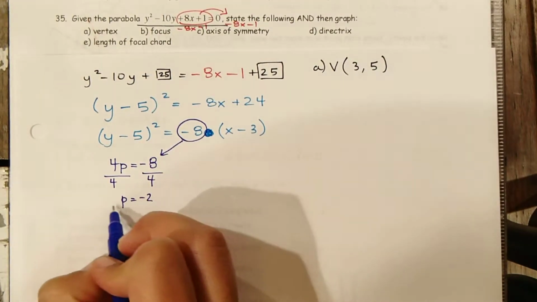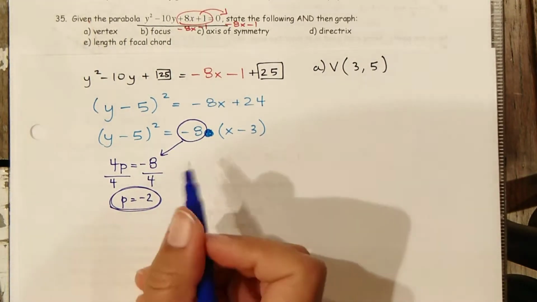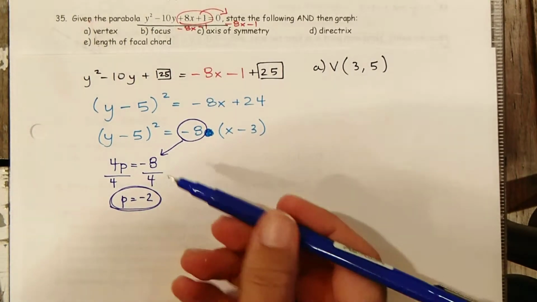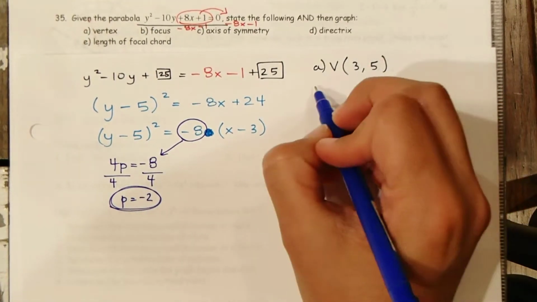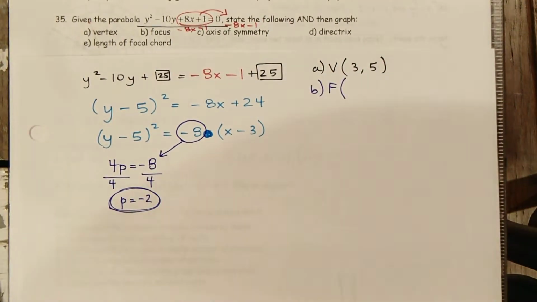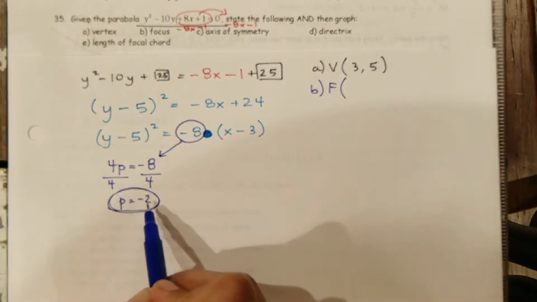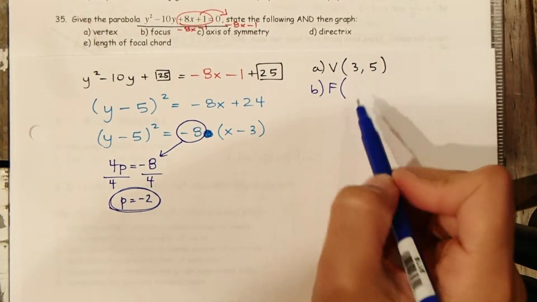So that tells us the focal length for a parabola. So that tells me that I'm going to be going left 2 from my vertex. So my focus, I'm only going to have one because it's just a parabola, is going to be 2 to the left of the vertex.